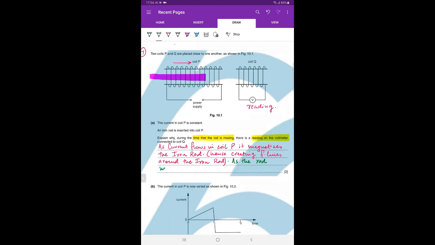As the rod moves, its field lines cut with coil Q. This change in cutting effect induces voltage.